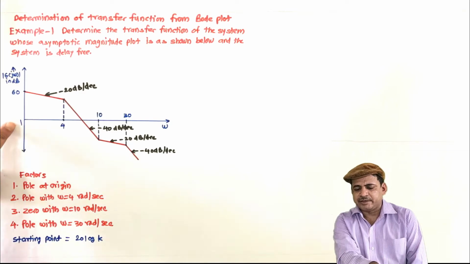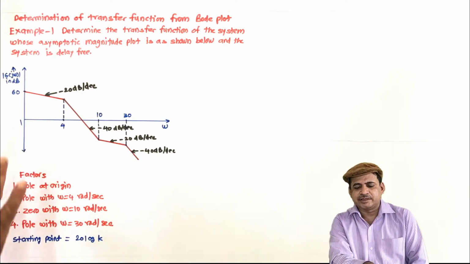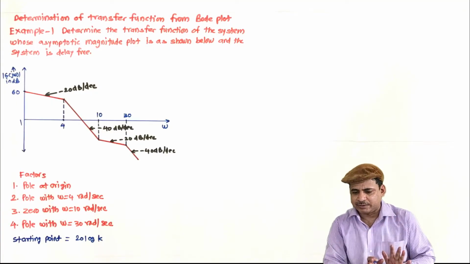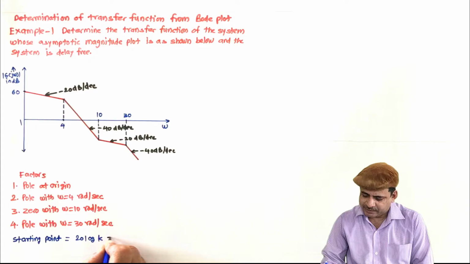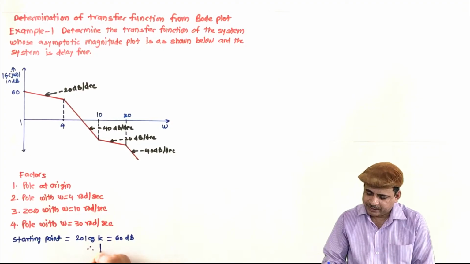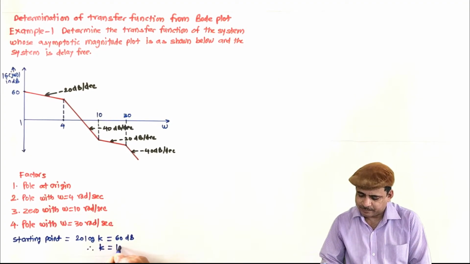But if this point is at 0.1, then this will be 20 log k plus 1. But here the given starting frequency is 1. So it is directly 20 log k, and hence 20 log k is equal to 60 dB. And so log k will be 3 and k will be 1000.